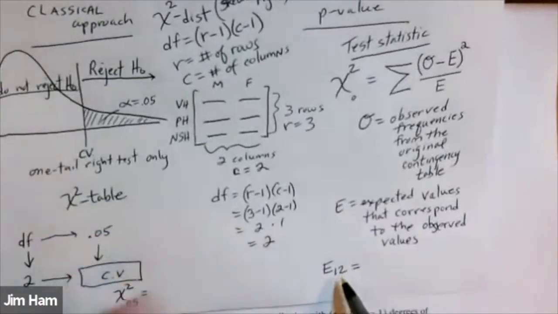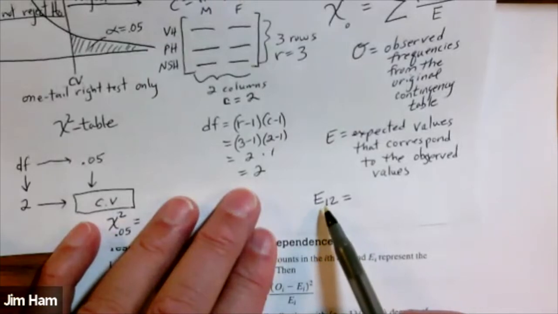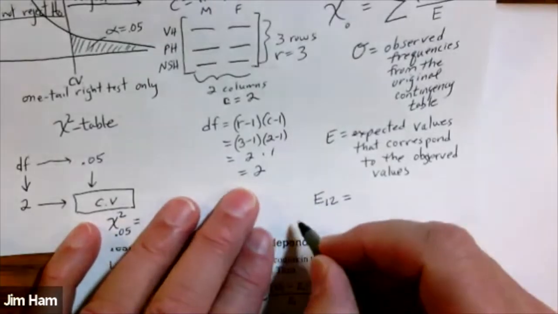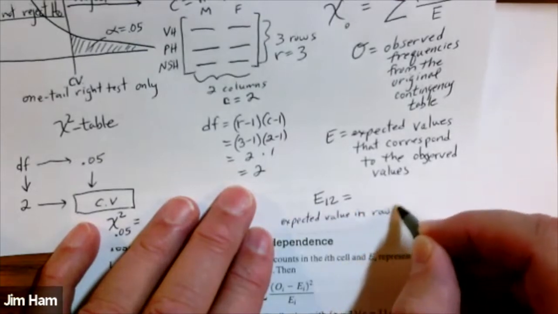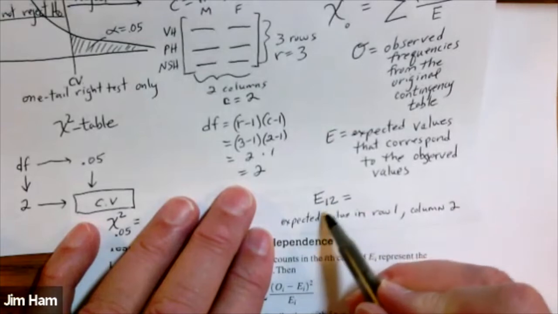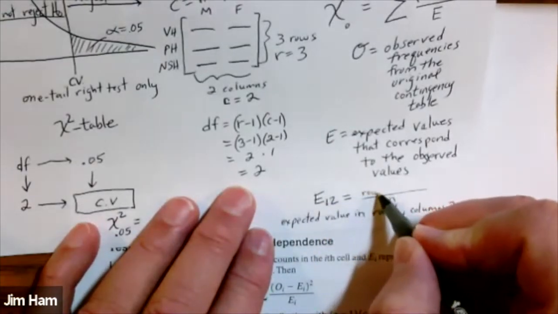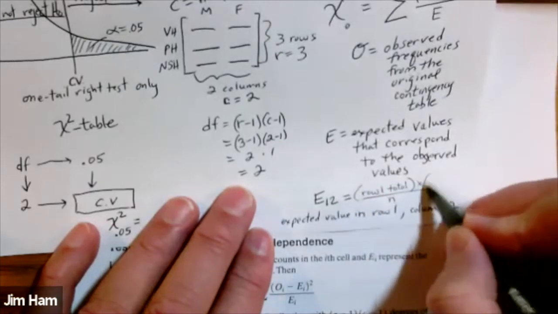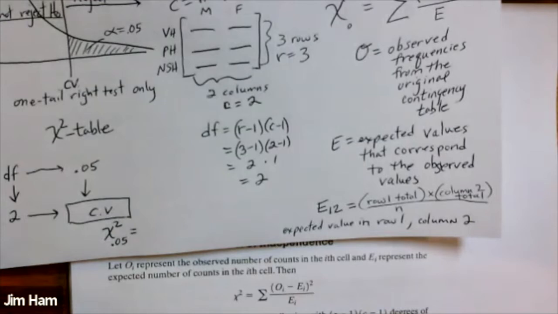There's going to be two subscripts here, and this means the expected value in row 1, column 2. That's what the subscript means. What you're going to do is take the row 1 total and multiply that by the column 2 total, multiply those two subtotals together, and then divide by n, the sample size, and that becomes the expected value.